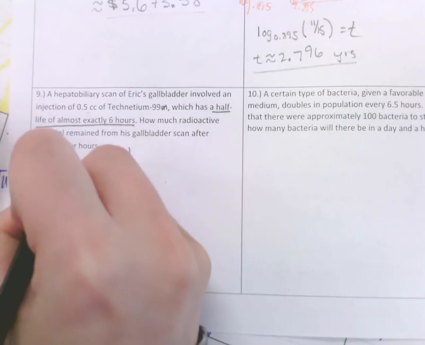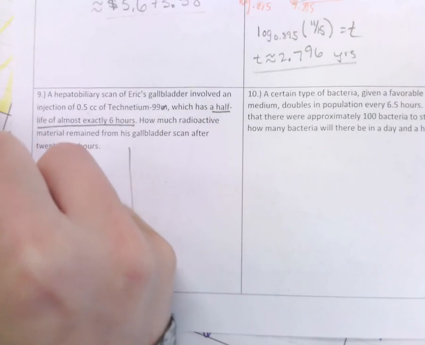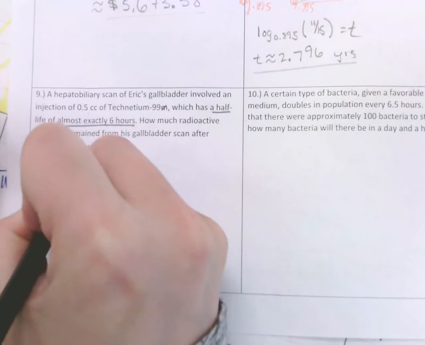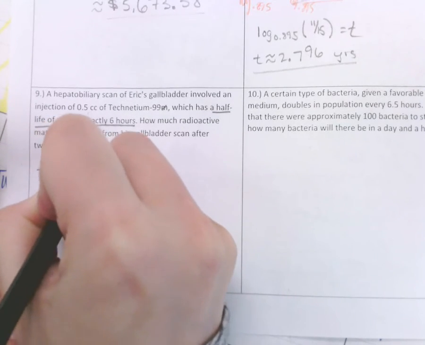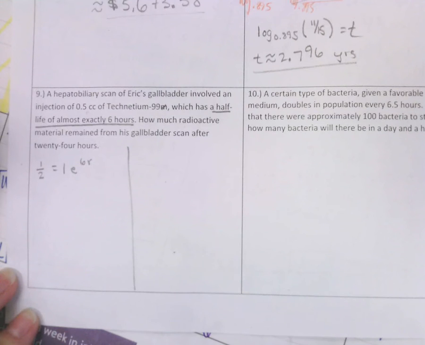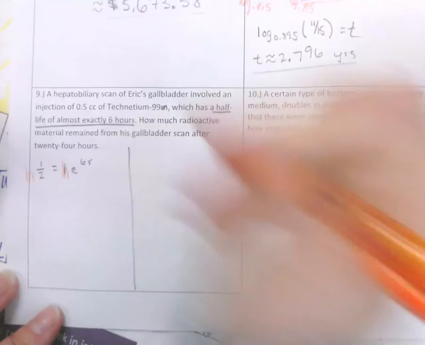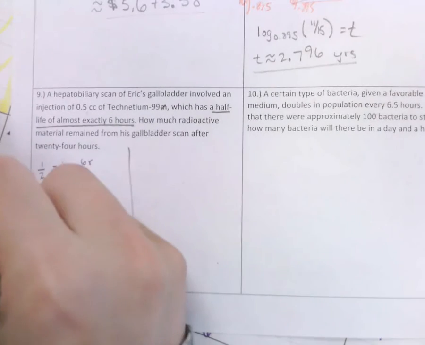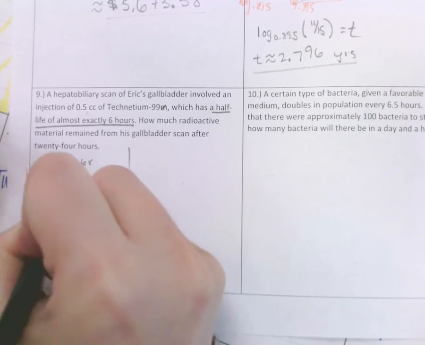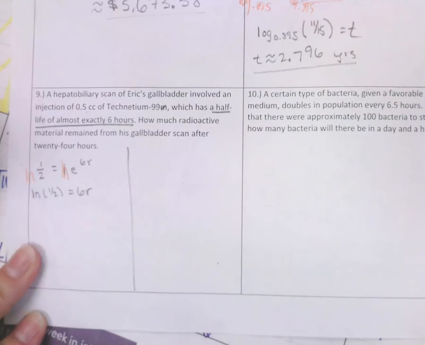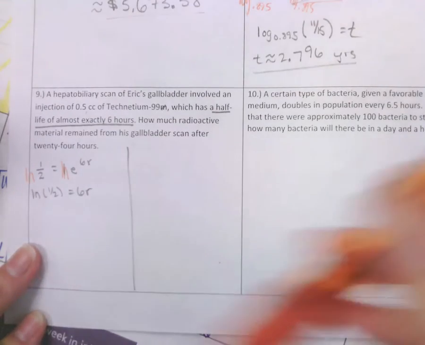The amount decays to half in 6 hours. Now I must solve. How do I solve? Natural log. Natural log of 1/2, and then I divide by 6.